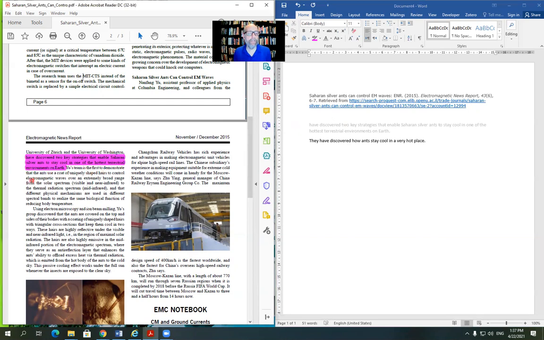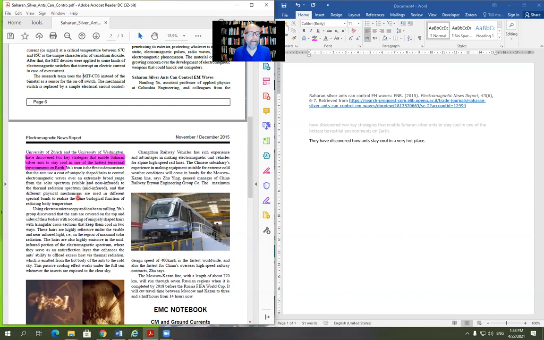Yu's team is the first to demonstrate that ants use a coat of uniquely shaped hairs to control the electromagnetic waves over an extremely broad range from the solar spectrum, and that different physical mechanisms are used in different spectral bands to realize the same biological function of reducing body temperature. Okay, so how do they do it?